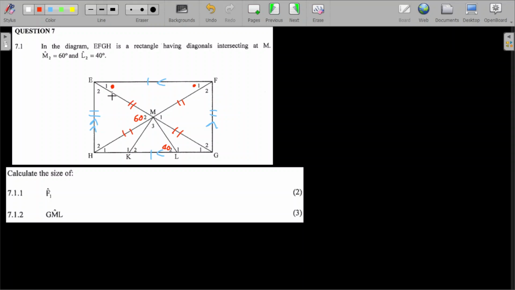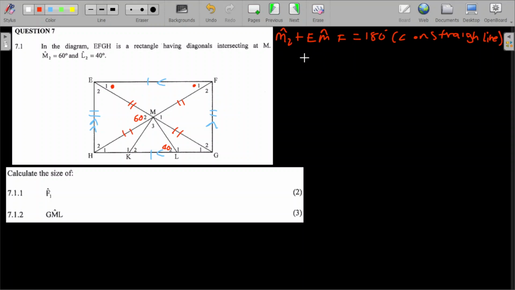If I can find angle EMF, I can say M2 plus the angle EMF is going to be equal to 180, angles on a straight line.